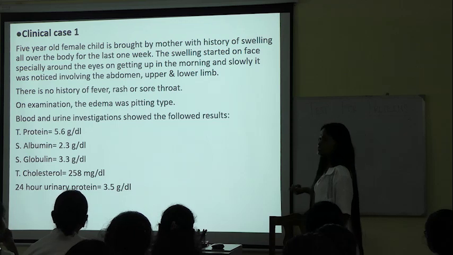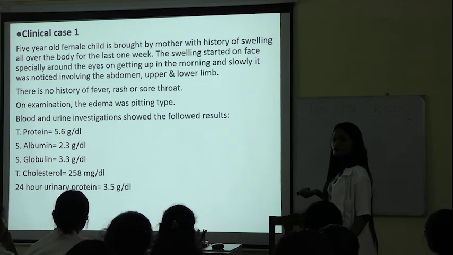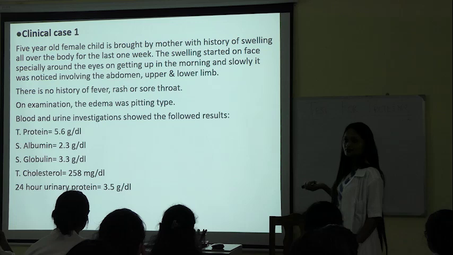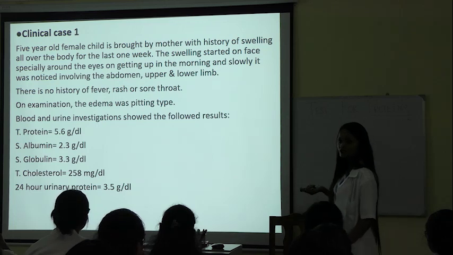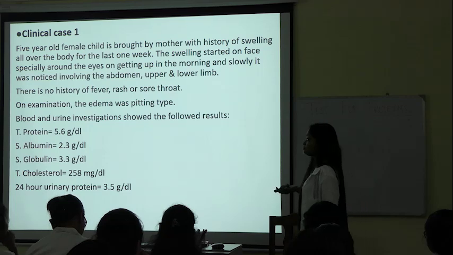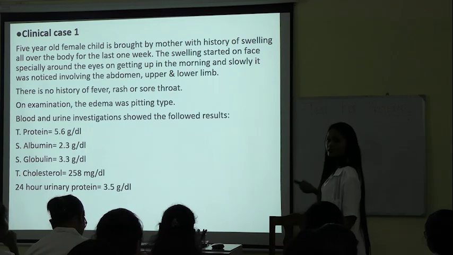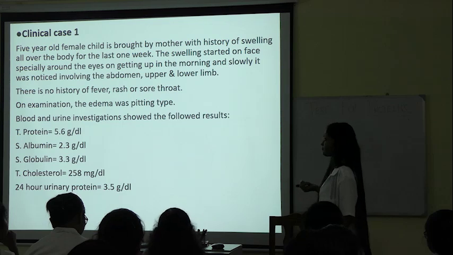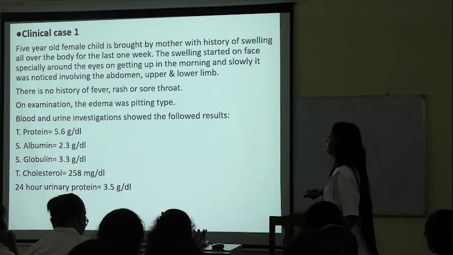And so this is the case of nephrotic syndrome, where proteinuria, the presence of protein in urine, can be seen. So hypoalbuminemia, the decreased range of albumin.